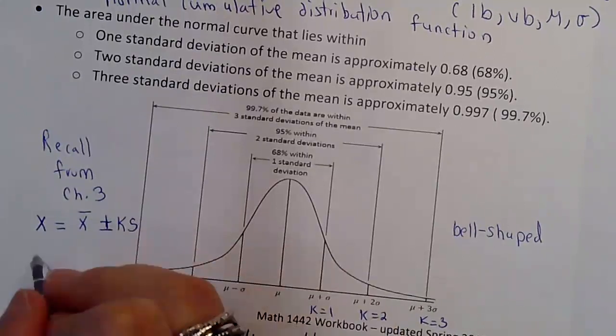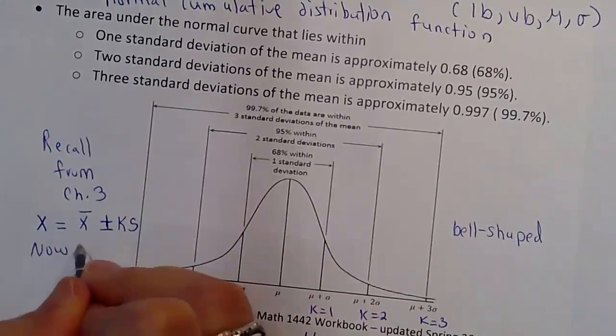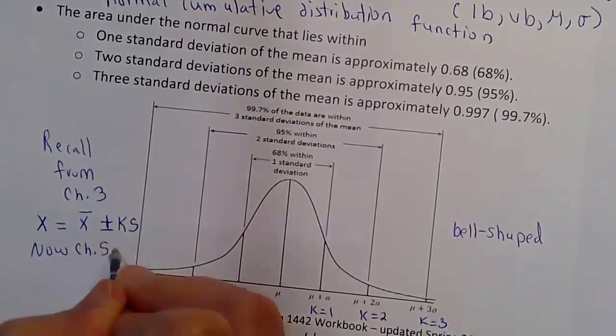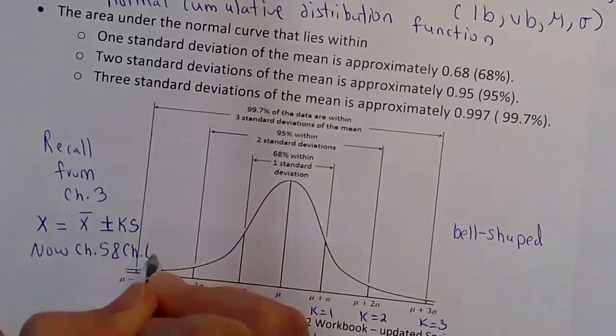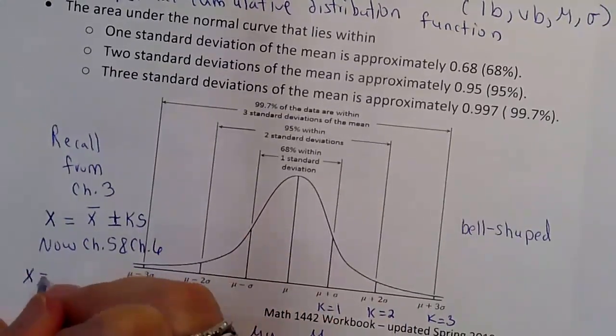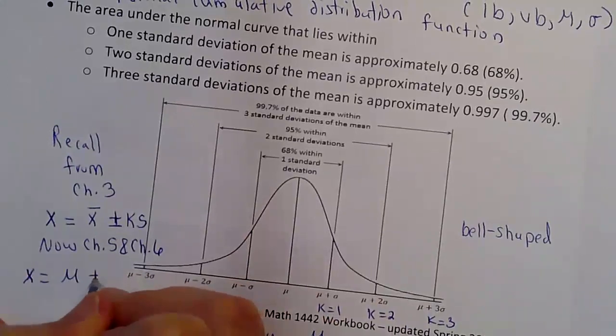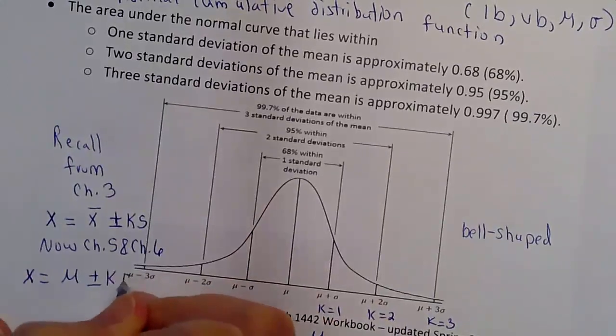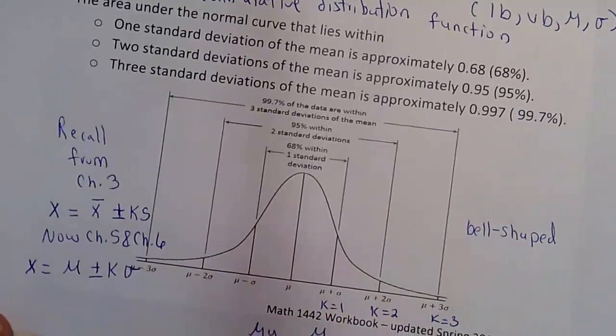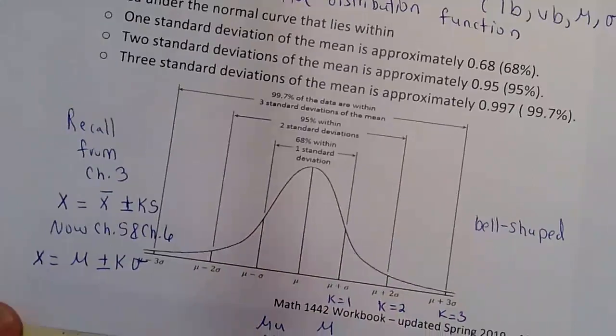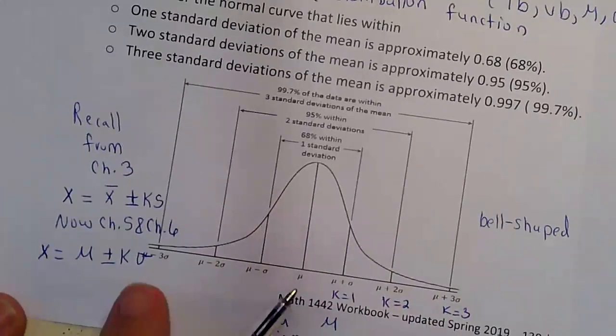So now in chapter 5 and chapter 6, x is equal to mu plus or minus k times sigma.